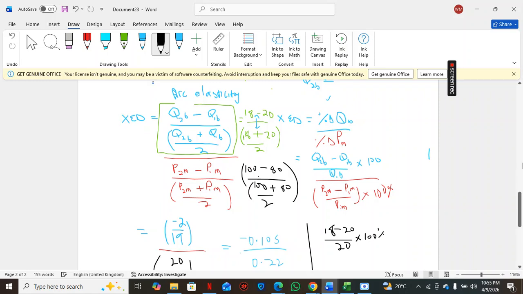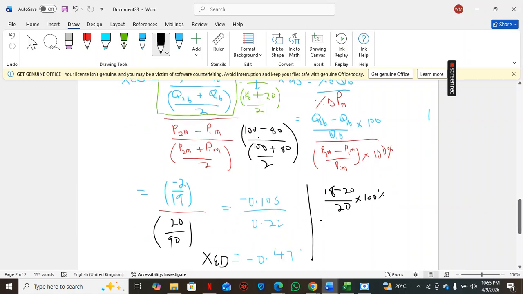Then also the percent change for meat: 100 minus 80, new price minus old price, divided by old price, times 100%.